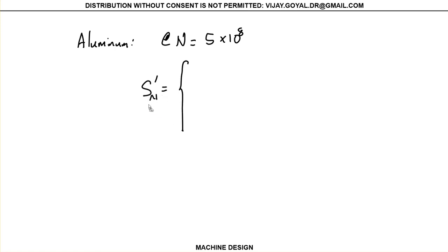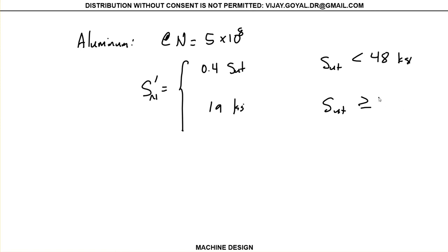The book that calls this F, I like to call it N. So F is 0.4 times S_UT for S_UT less than 48 KSI, and 19 KSI if your S_UT is bigger or equal than 48 KSI. I think this gives you a very good idea of the values that we'll use in this course.